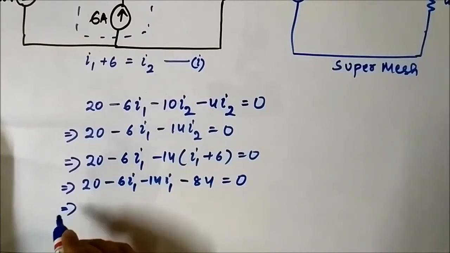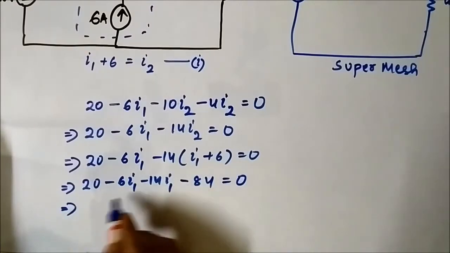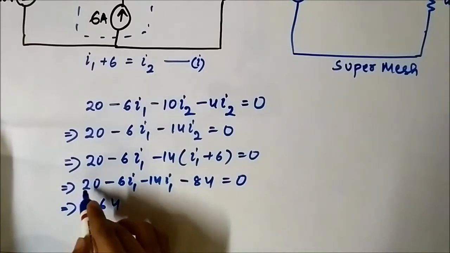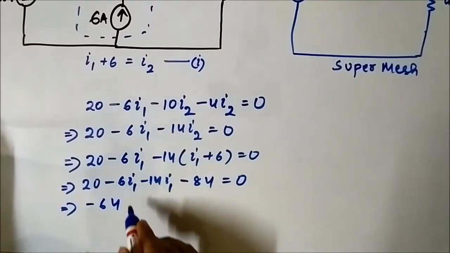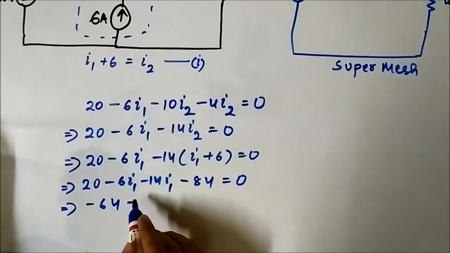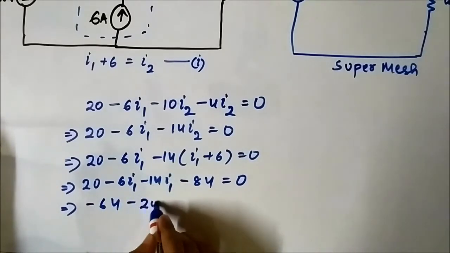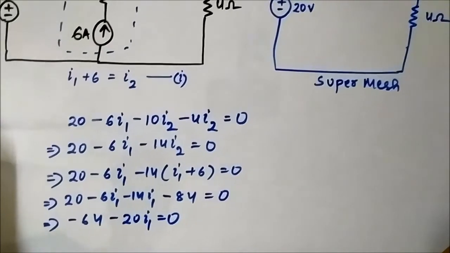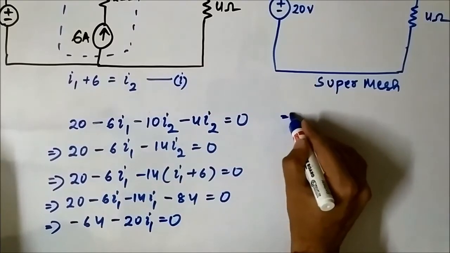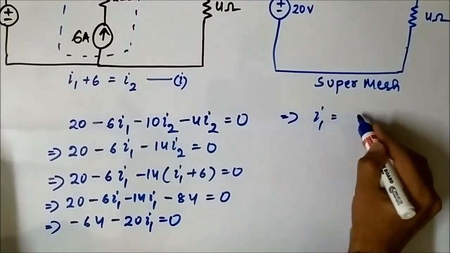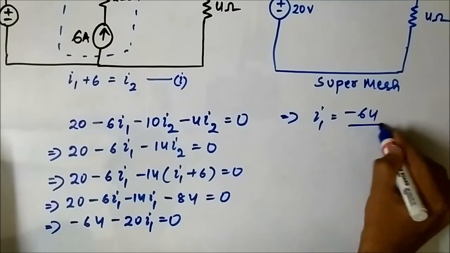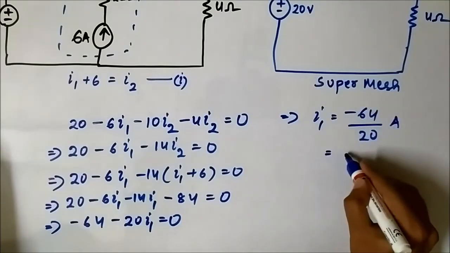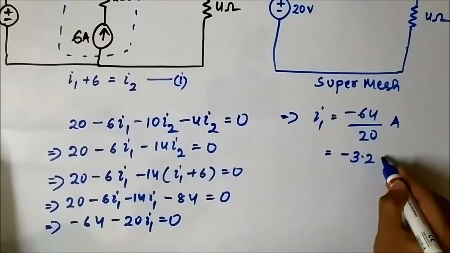That implies minus 64 minus 20I1 is equal to 0, so I1 is equal to minus 64 by 20 ampere, which is equal to minus 3.2 ampere.